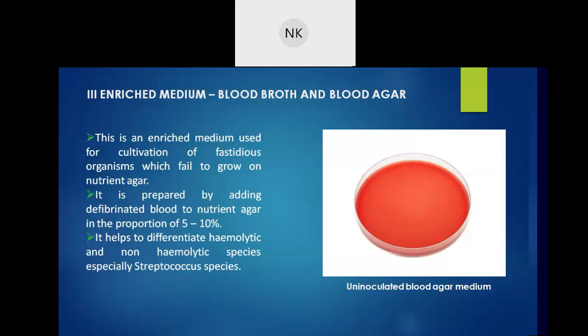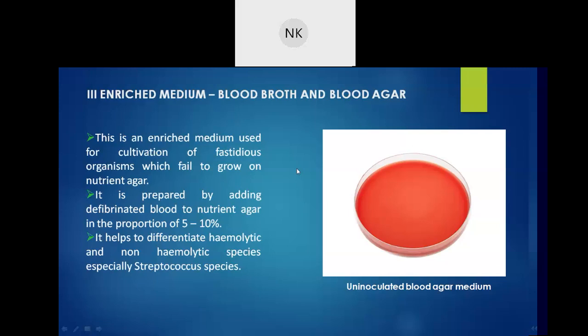Next, coming to enriched medium, or blood agar medium, or blood broth. So what do you mean by enriched media? Enriched media is generally used for cultivation of fastidious organisms which fail to grow on nutrient agar media.